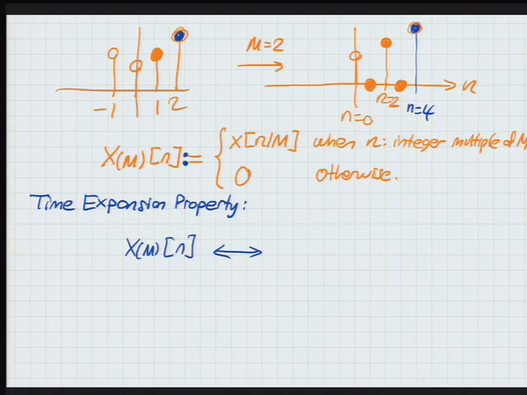We stretch, so what should happen in the frequency domain? The opposite, compress, right? And remember, in DTFT there's sort of a mismatch between the time and frequency domains. Time domain is discrete, frequency domain is continuous, right? So when I mean stretch, I really stretch. It's just a continuous variable omega. So I just do X of e to the j omega M, which will really compress it by a factor of M, right? Make sense?